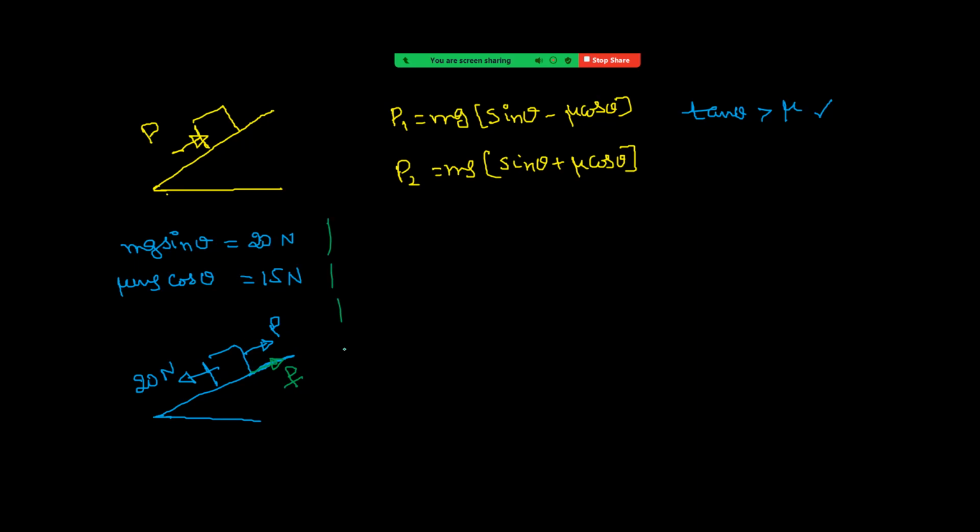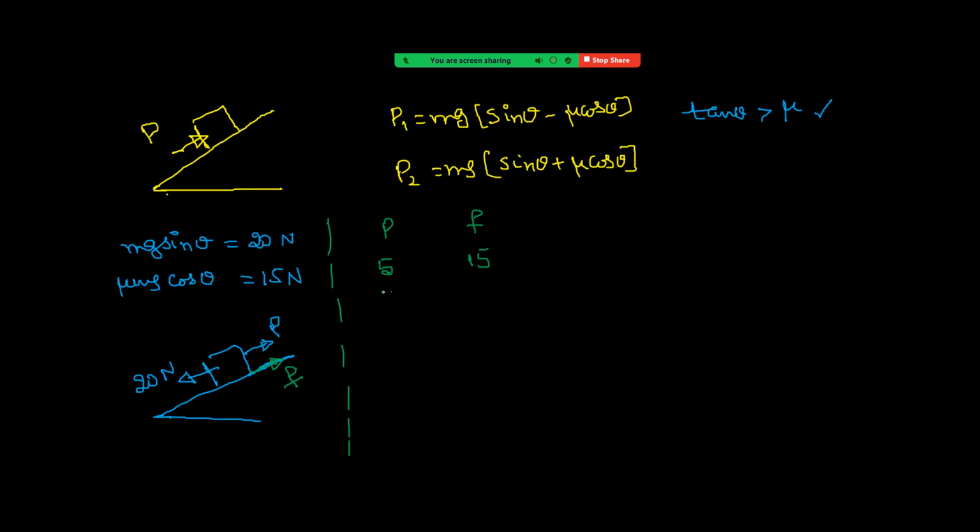Now see carefully. I'm making a table to understand easily. When P is 5, applied upwards, friction is 15, so the sum is 20 and balanced.